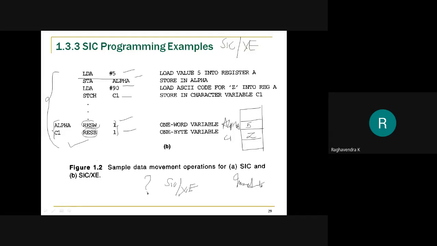So look at the first instruction here. It says LDA #5. The hashtag here indicates that this is an immediate operand. Got it? So LDA #5. Now instead of having a separate variable to store the constant, I am actually passing the constant directly in the instruction by using the feature of immediate addressing mode.